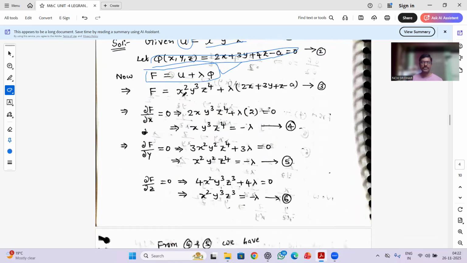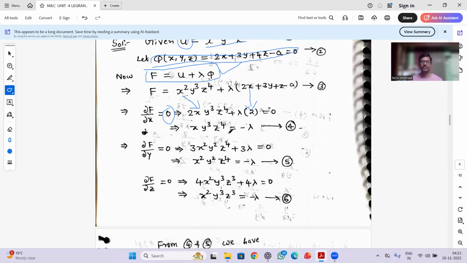X square differentiation gives 2x, y cube and z power 4 remain the same because they are constants. Differentiation of 2x is 2, and 3y, 4z and a are constants, so their differentiation is 0. So dou F by dou x we got 2x y cube z power 4 plus lambda into 2. Now we need to equate it to 0.